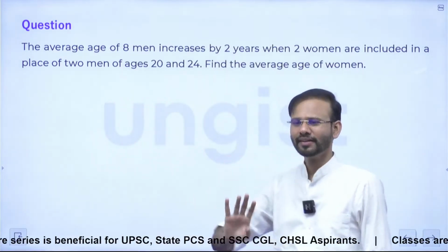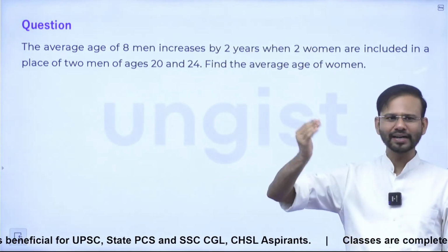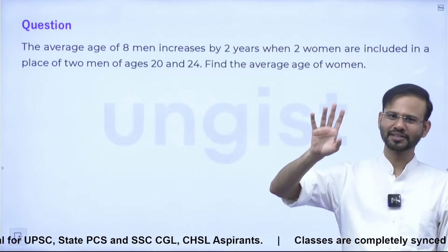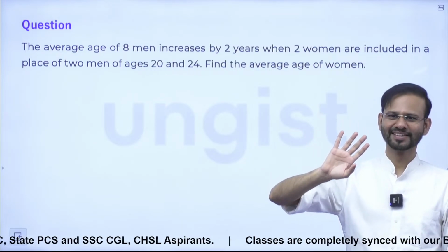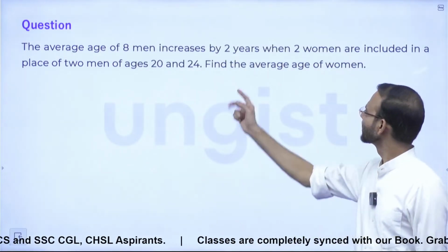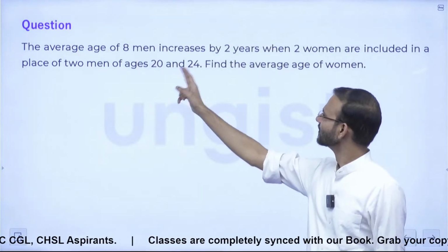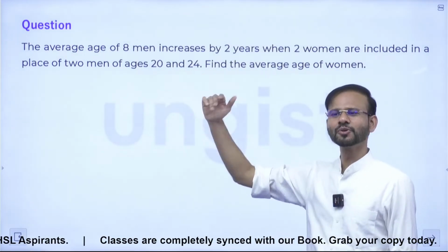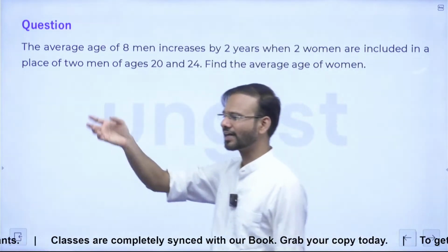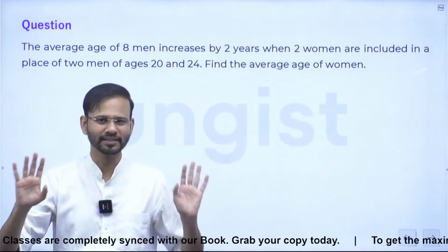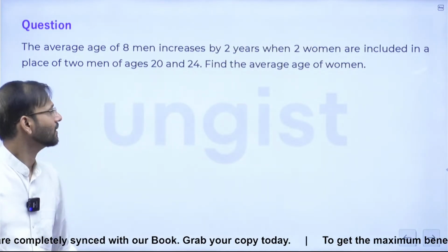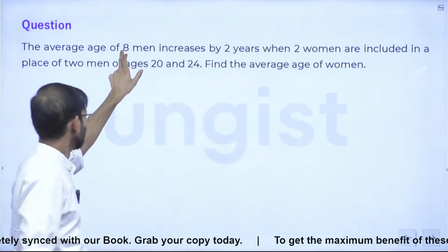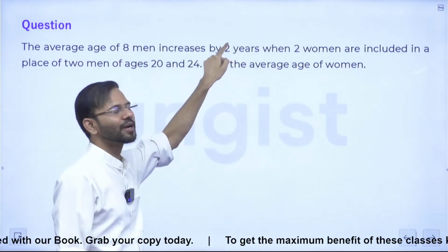मुझे ये बताइए, ग्रुप में कौन आ रहा है और कौन जा रहा है? बस इतना सोचो. 2 आदमी जा रहे हैं, 2 औरतें आ रही हैं. ठीक है. ग्रुप से क्या जा रहा है? 44 जा रहा है. और कितना आ रहा है? 44 प्लस 16 आ रहा है. क्यों? क्योंकि the average of 8 is increased by 2.